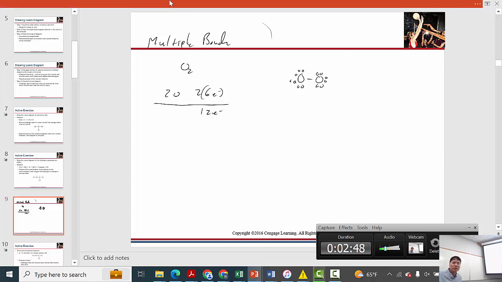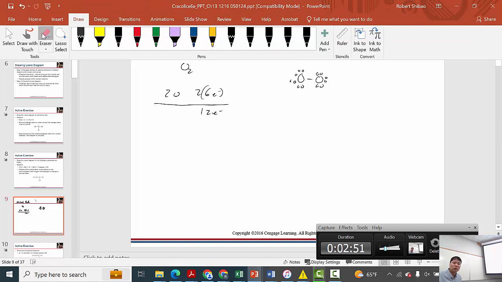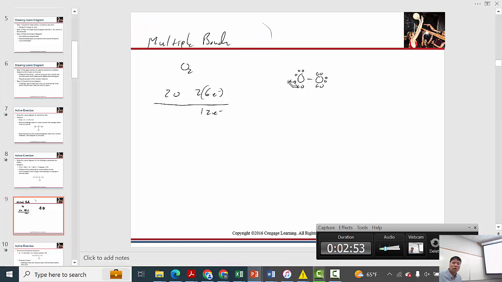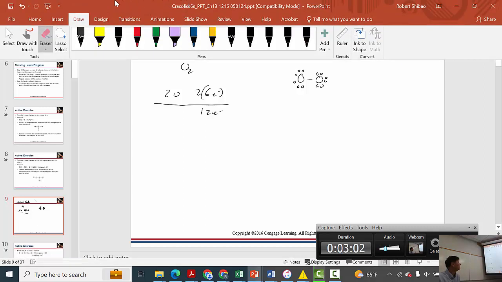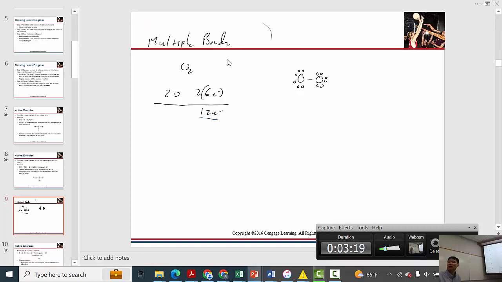How many electrons do you guys count there? 14? Total number of electrons. Still 14? The line in the middle says 14, right? Yeah. 1, 2, 3, 4, 5, 6, 7, 8, 9, 10, 11, 12, 13, 14. That's correct. 14 electrons, but do we have 14 electrons here? We don't have 14 electrons.